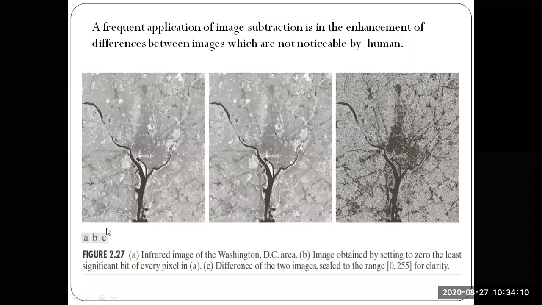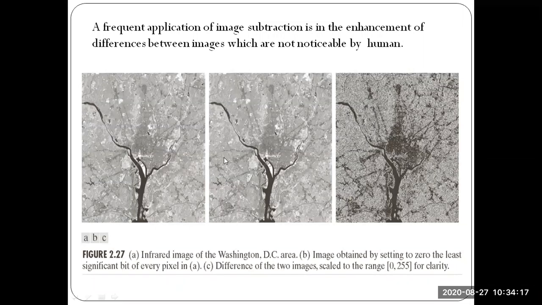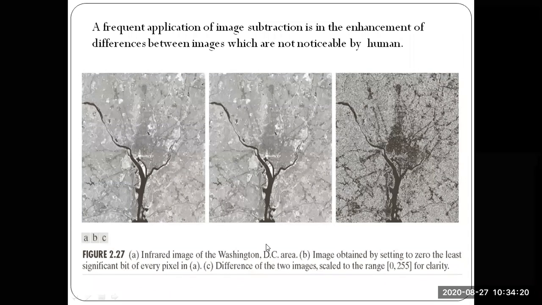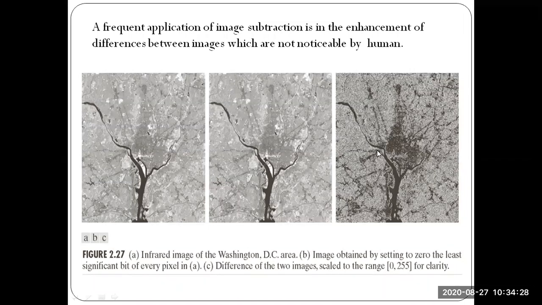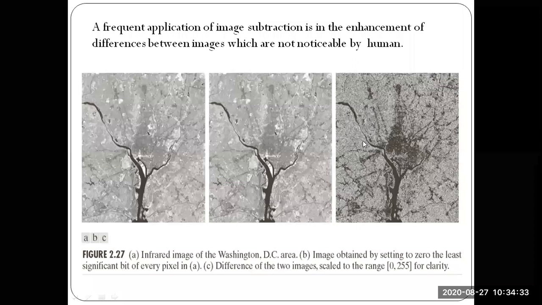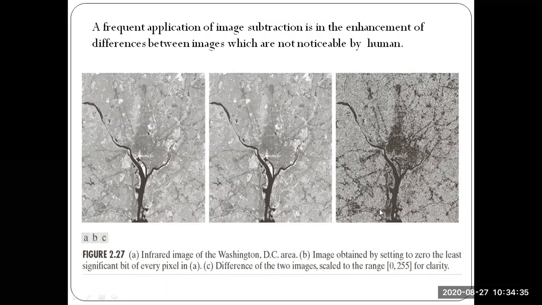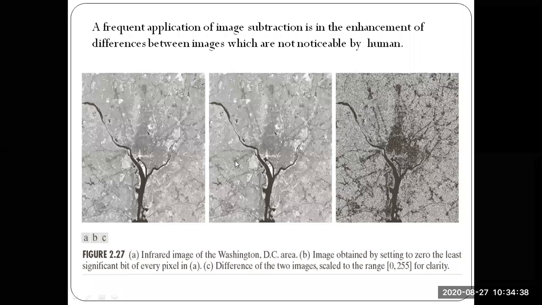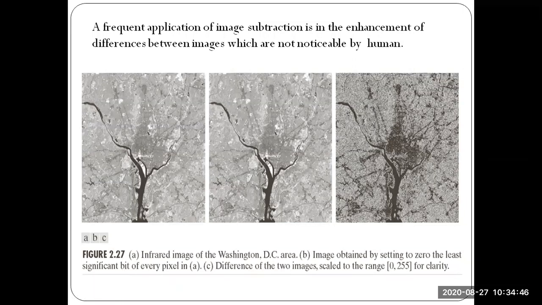Then we have two images available, image 1 and image 2. Now if you take the difference of image A and image B, and then scale it to the range 0 to 255 for clarity, there are light particles and dark particles, now transferred to the 0 to 255 grayscale values.